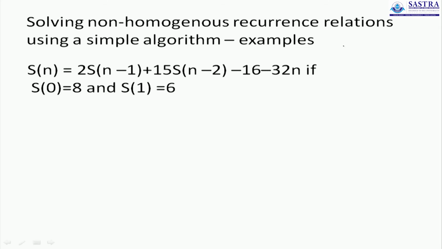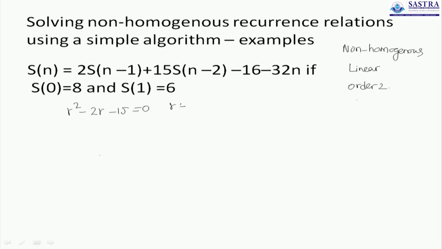Again, a non-homogeneous, linear, order 2 recurrence relation. The equation will give us r square minus 2r minus 15 is 0.